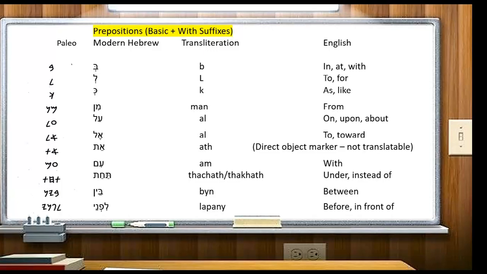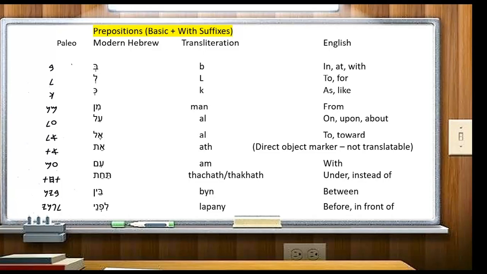So the letter A in Latin and also in English translates from both alaf and ayin. So it is important to know which letters were used so you know which word is being referred to. Some will see al in a particular context and believe it is the same meaning because English letters are being used by virtue of transliteration, but it becomes critical to know whether an ayin or an alaf was used.